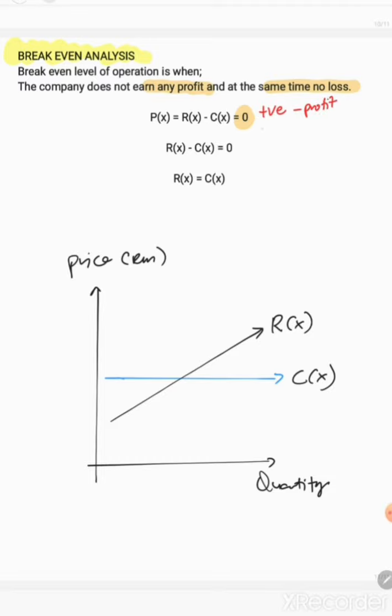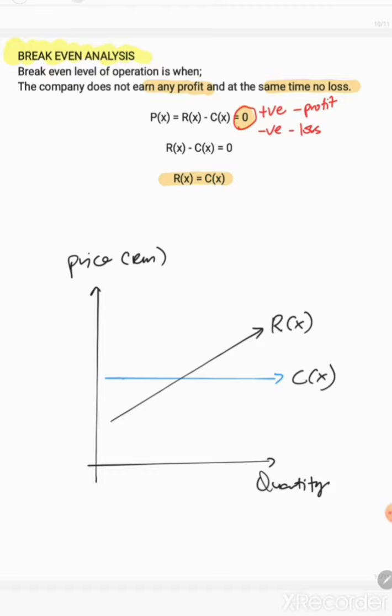Okay, let's say we get a negative value, this is loss. Okay, why 0? Because the seller doesn't earn any profit, at the same time no loss. Okay, now the formula is R minus C equal to 0. Okay, for the break even, it's easier to remember, where C we bring it to the right side, it becomes R(x) equal to C(x).